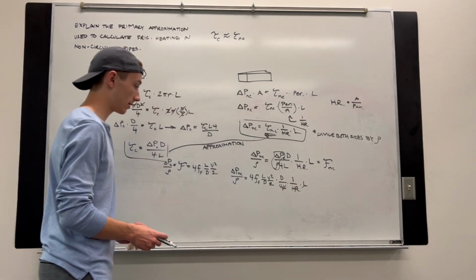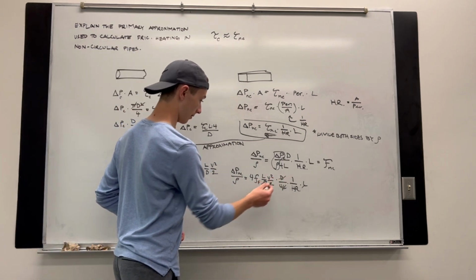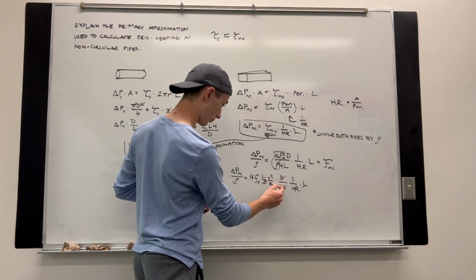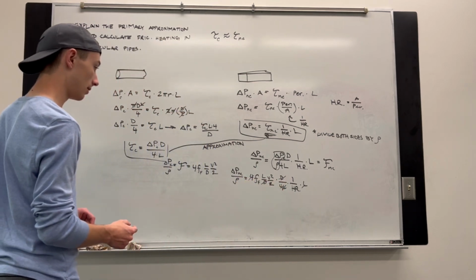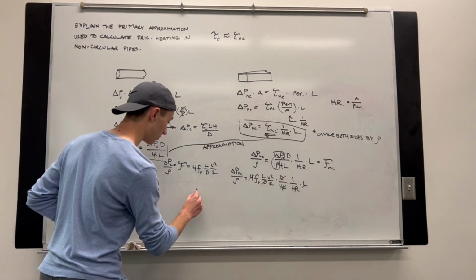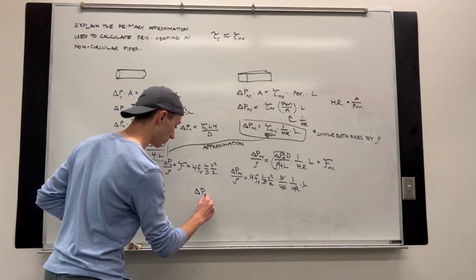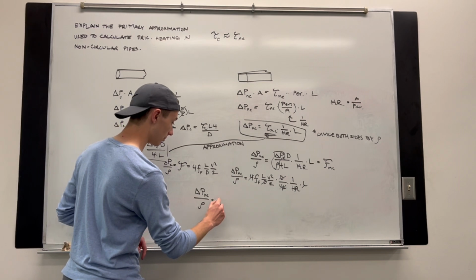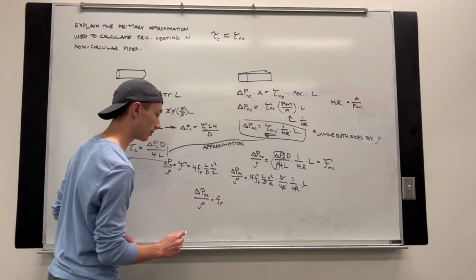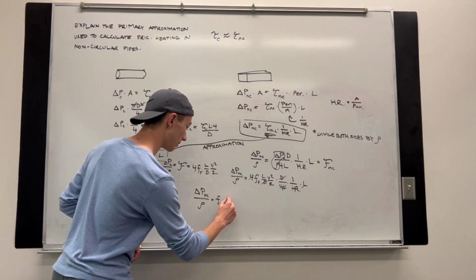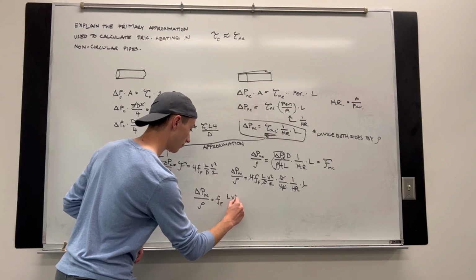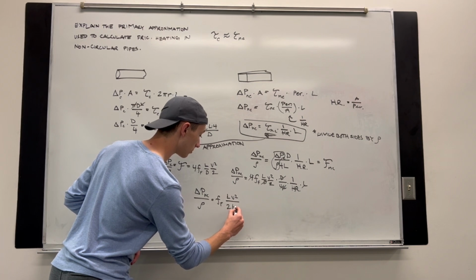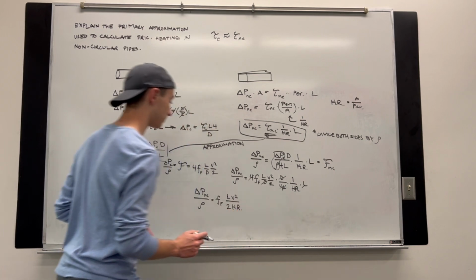L's cancel out, diameter cancels out, 4 cancels out, and I think we're left with delta P circular over rho is equal to the fanning friction factor times L V squared over 2 times the hydraulic radius.